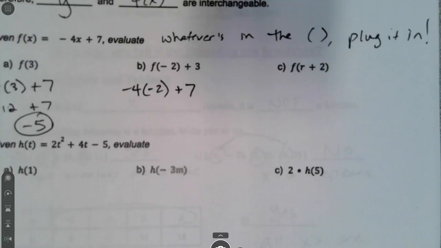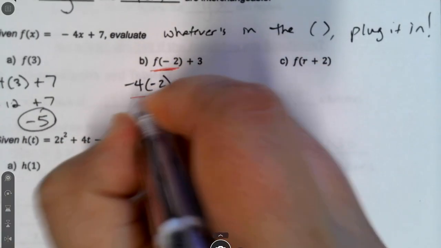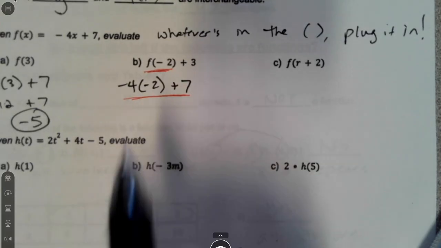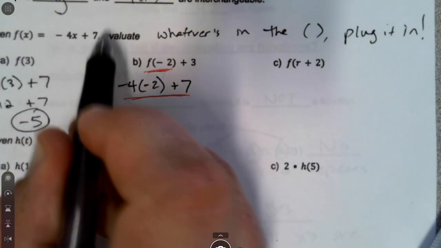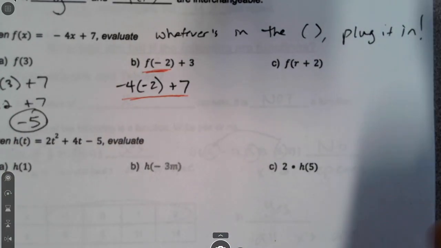I'm going to get some color here to help hopefully make this make sense. So f of negative 2, I just wrote that part right here. I'm not dividing, I'm just underlining. So f of negative 2 means take the function and plug negative 2 in for the x. Now they have something extra here.